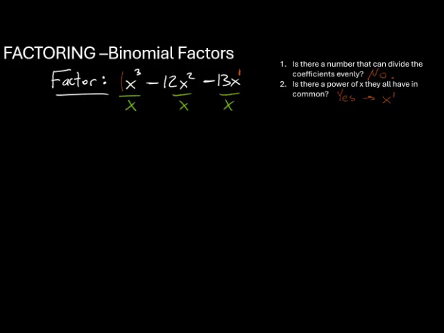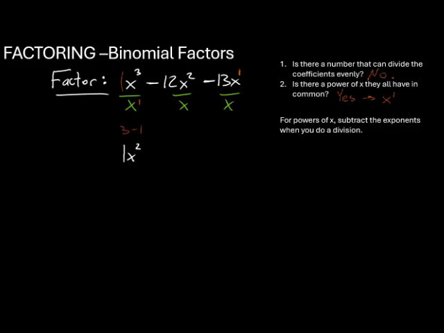We'll divide all terms by that to begin with. For our first term, we'll have x to the third divided by x to the first. And remember, anytime we divide powers of x, we are subtracting the exponents. We'll take that new exponent as 3 minus 1. Therefore, we will now have 1x squared.